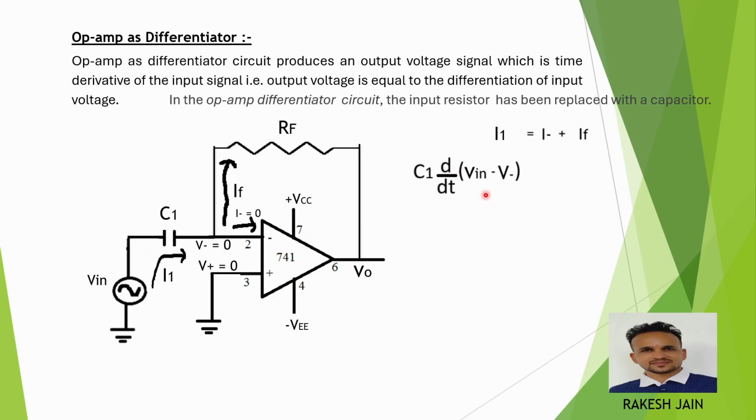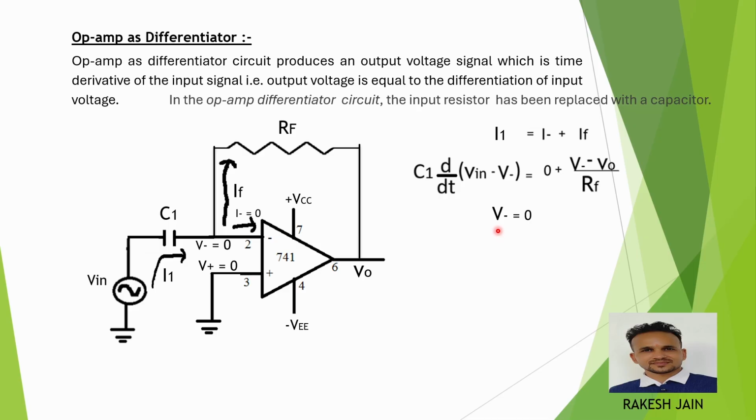So I1 is C1 d by dt of (V input minus V minus). To maintain the high input impedance approximately infinite, we consider I minus equal to 0, plus the current passing through the feedback resistor. The current through the feedback resistor is the voltage difference between the two terminals of the resistor: one terminal is connected to V minus and one to V node. So (V minus minus V node) divided by RF.